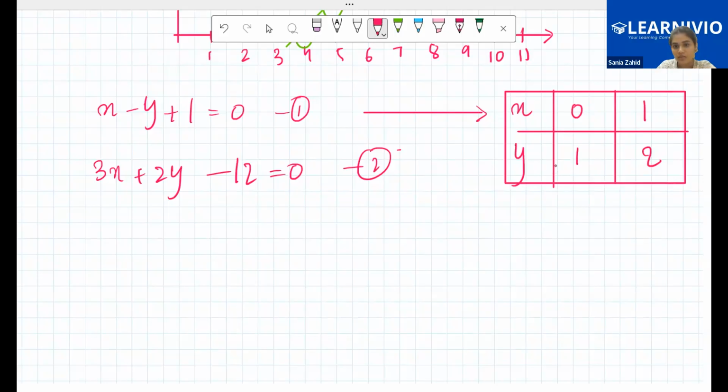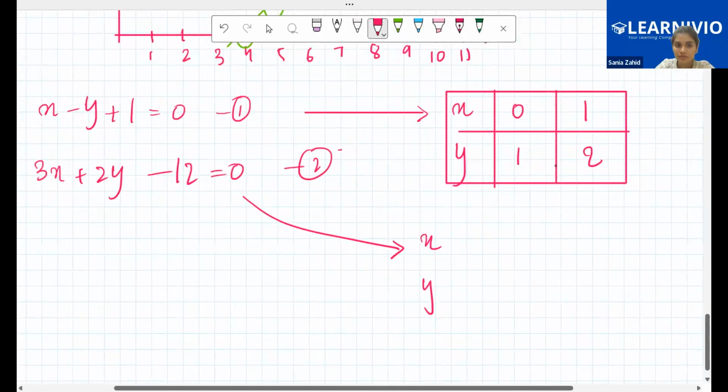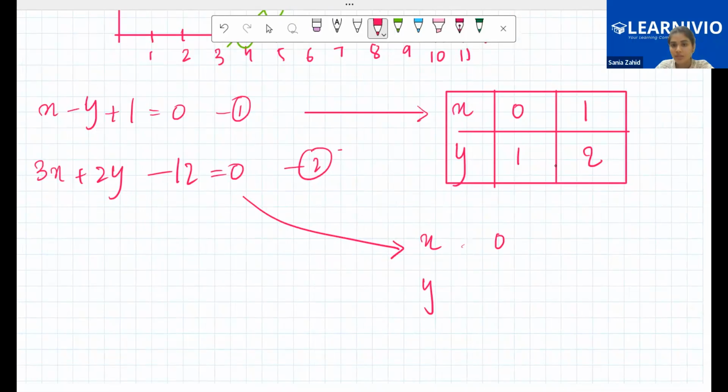Then for the second one, what are the coordinates? When x is 0, y will be 6. Okay, 6. Correct. Then if x is 4, y will be 0.